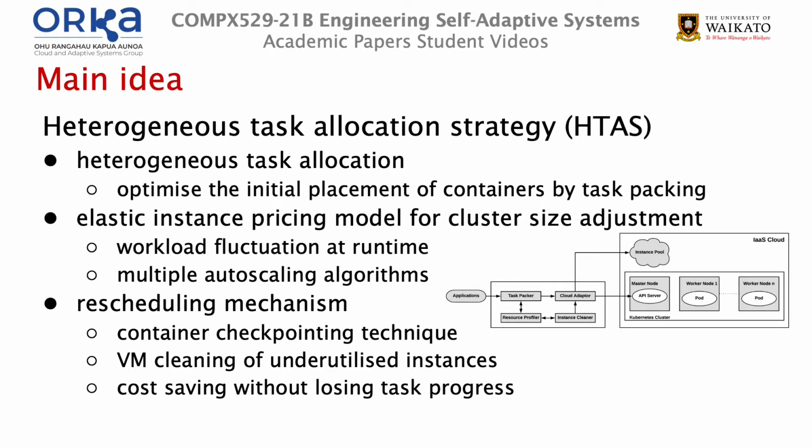We want to actually get the initial placement of containers worked out correctly. We want to look at an elastic instance pricing model for cluster size adjustment. So that's to deal with workload fluctuations at runtime. And in doing so, they're going to use multiple auto-scaling algorithms.